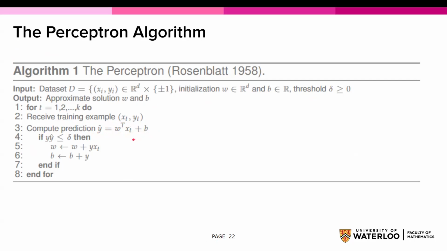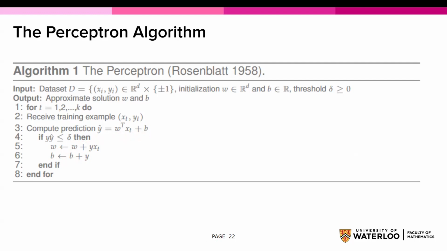And if the product of the predicted label and the ground truth label is less than the error threshold, then we do some extra steps to adjust the parameters. Specifically, the product of the feature vector and the label is added to the weights, and the label is added to the bias. It is these adjusted parameters that are used at the next time step.